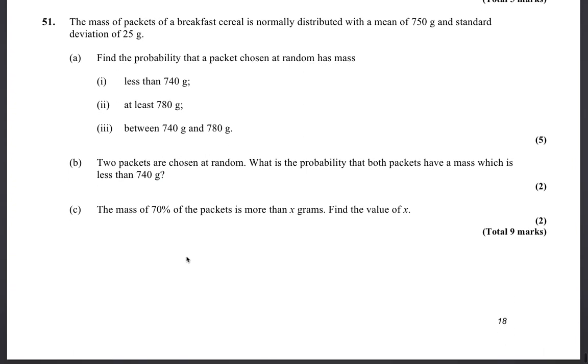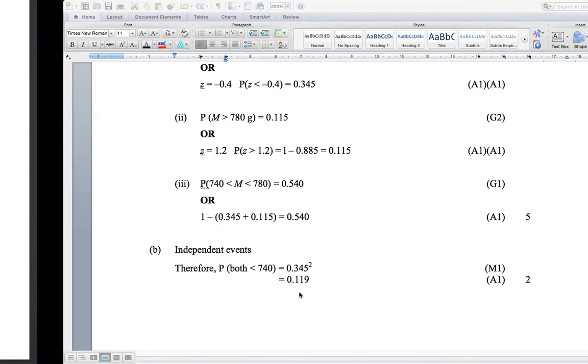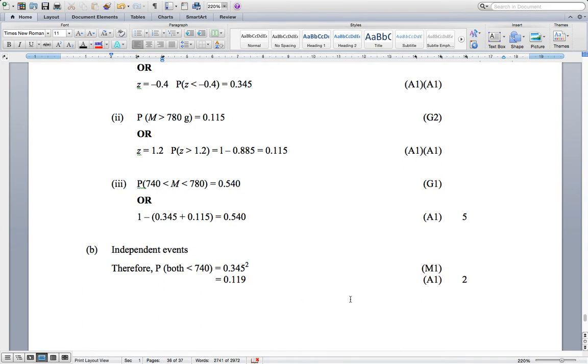And the last part, last question. The mass of 70% of the packets is more than x grams. That means P of capital X more than small x is equal to 0.7. Find the value of x. Okay. So when you say P of capital X more than small x, let me type it here for you.